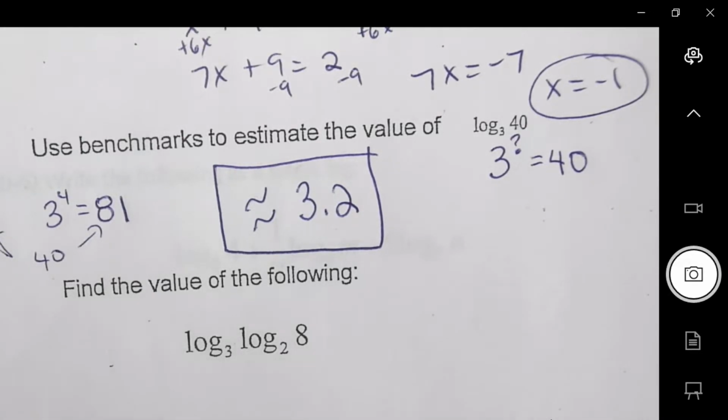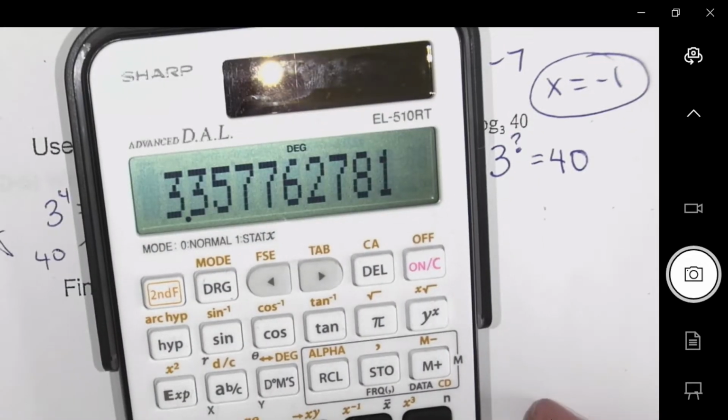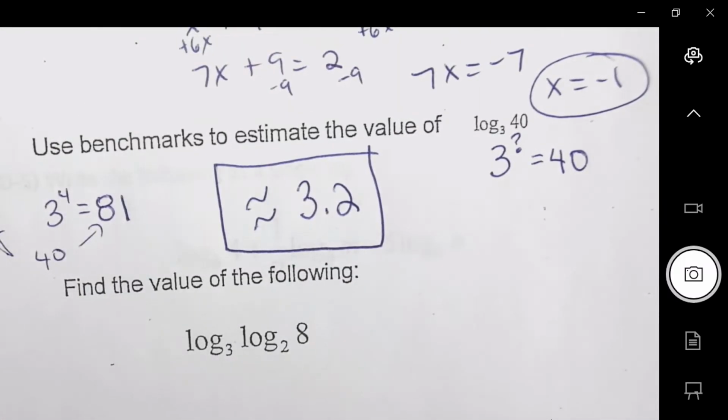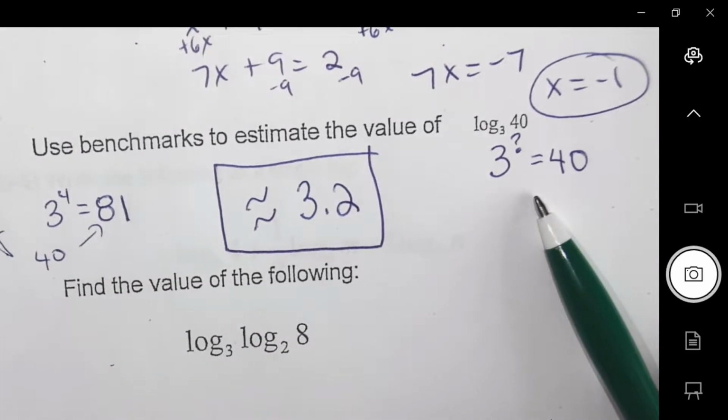And I know the real answer, but I'm not telling you my secret. That's the exponent. So I did that completely without a calculator.